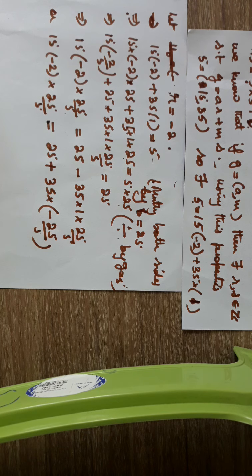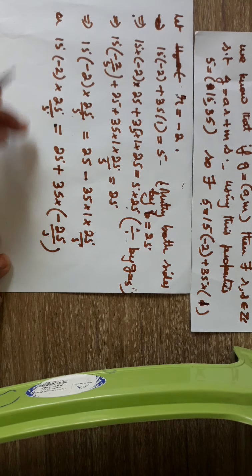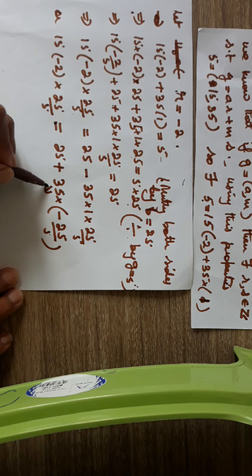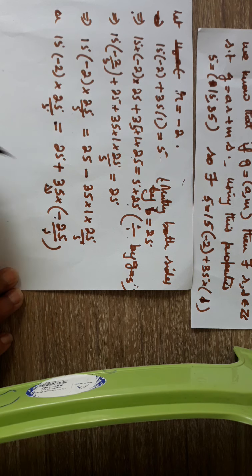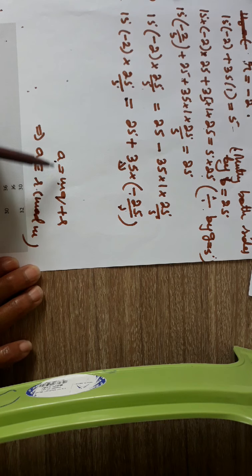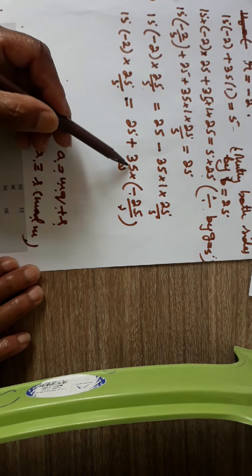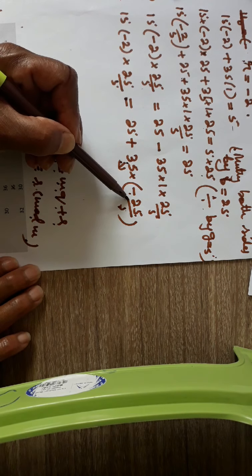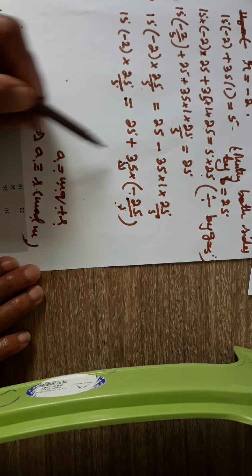So using the definition of congruences, if A is equal to mq plus r, this implies that A is congruent to r mod m. So treat 35 as m, q as minus 25 by 5 here, and r here as 25.